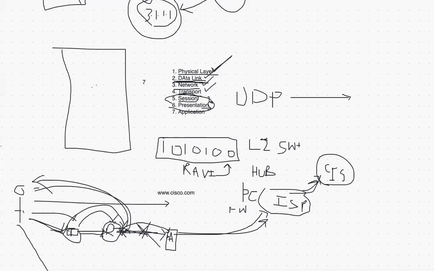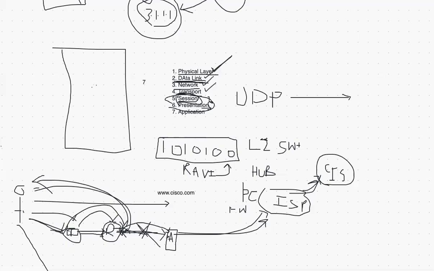So for example, you opened cisco.com, how much time your session is opened for you versus your friend opening cisco.com. So everything is a session. You opening cisco.com is a session and me opening cisco.com is a session. So they are part of one session.